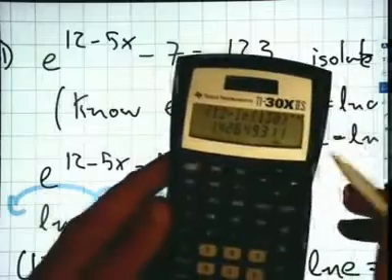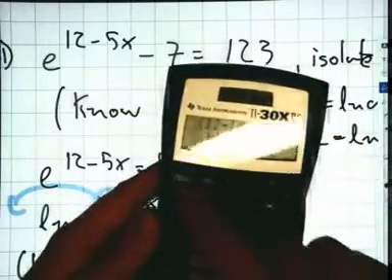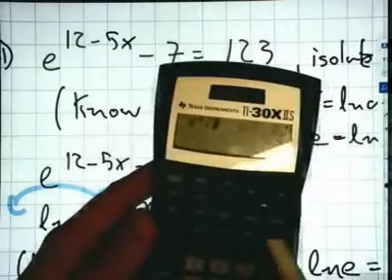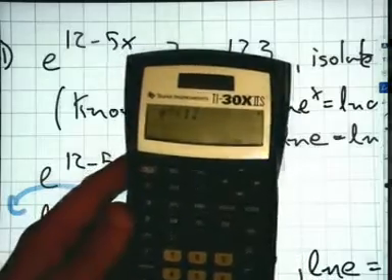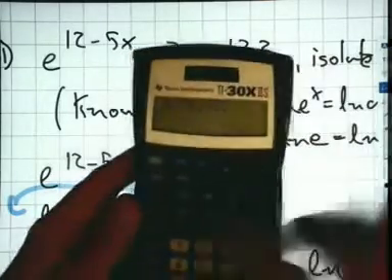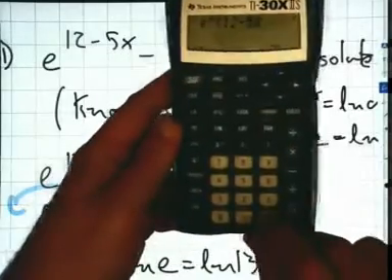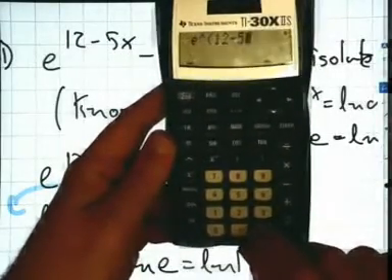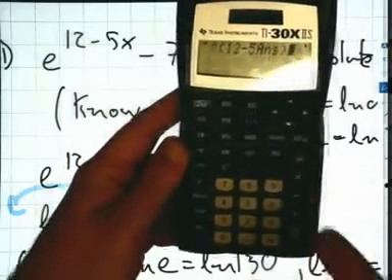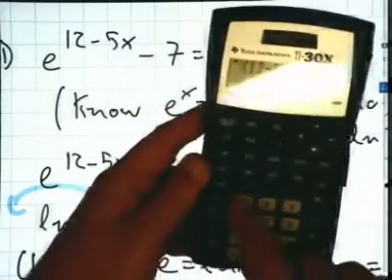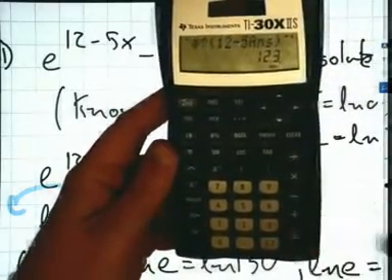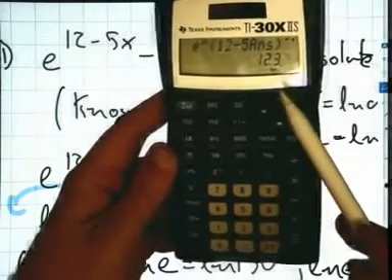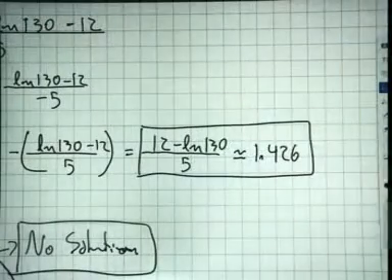So, I have it stored, this is my answer, so I'm going to do second e to the x, so I have e to the x raised to the 12, then we have minus 5x, so I'm going to recall my answer, close the parentheses, minus 7, and if we did everything correctly, we should get 123. Boom. 123. So that verifies our work that this is indeed the answer to the problem.